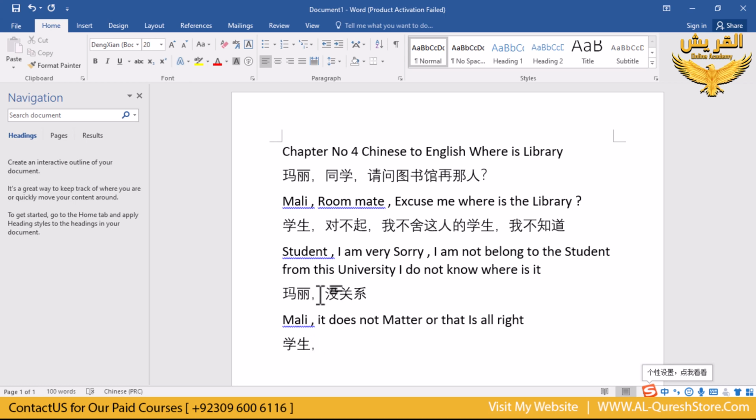Situation. Student. Boshi. Chishi. Jiao. Jiao Shui Lu. This is Jiao Shui Lu.